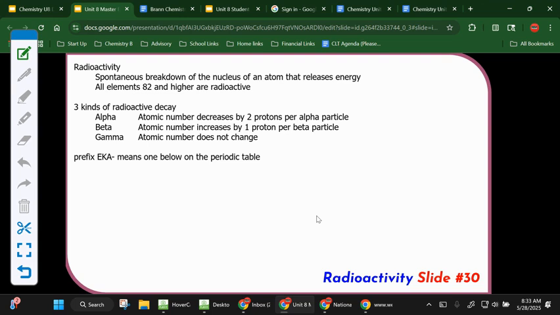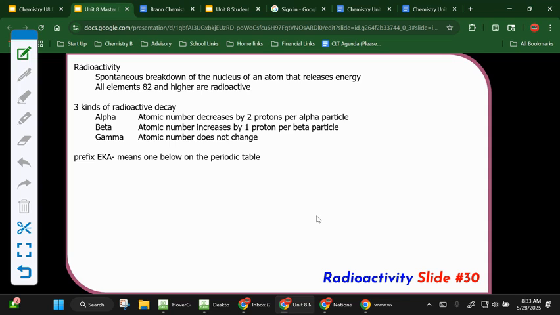The reason it changes to a different kind of atom is because during nuclear decay, the amount of protons in the nucleus can change. So when an atom undergoes radioactive decay, we are talking about an element changing what kind of element it is on the periodic table. But it is predictable what kind of element it will become, because there are three types of radioactive decay.